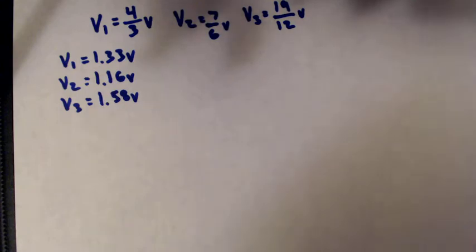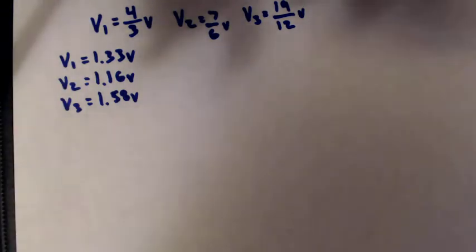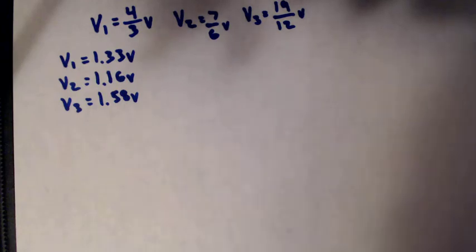It was just for us to get the answer. Okay, so again, I'm going to go ahead and write out the circuit. Constant current source, 3 milliamps.